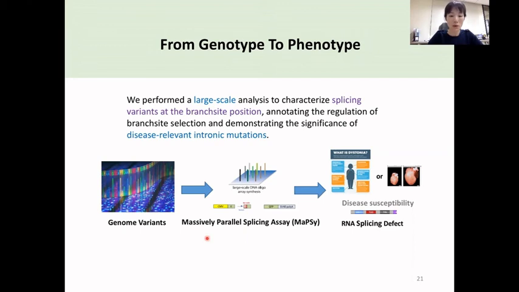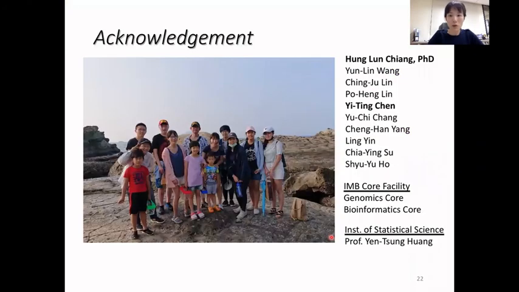And I hope my massively parallel splicing assay can provide some hints linking the genome variants to the RNA splicing outcome. So I would like to thank my team and our state-of-the-art core facilities, our genomics core, our bioinformatics core. They helped us to set up something we were not so familiar with. And I thank our collaborator in the Statistical Science Institute. They supervised our statistical modeling.